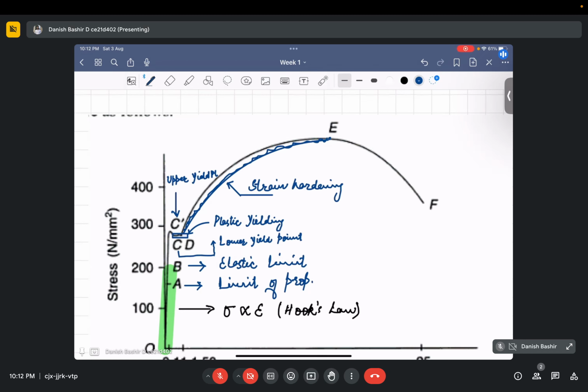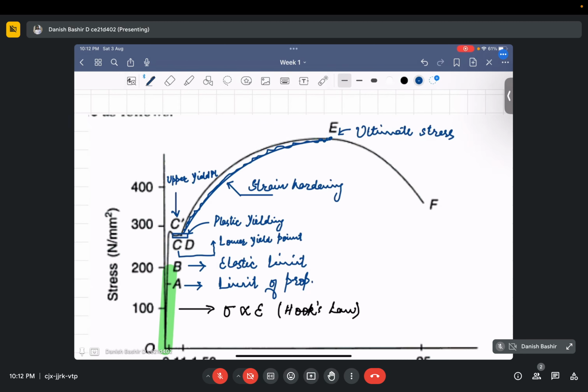Point E is known as the ultimate stress. It is the maximum stress that our specimen can bear.